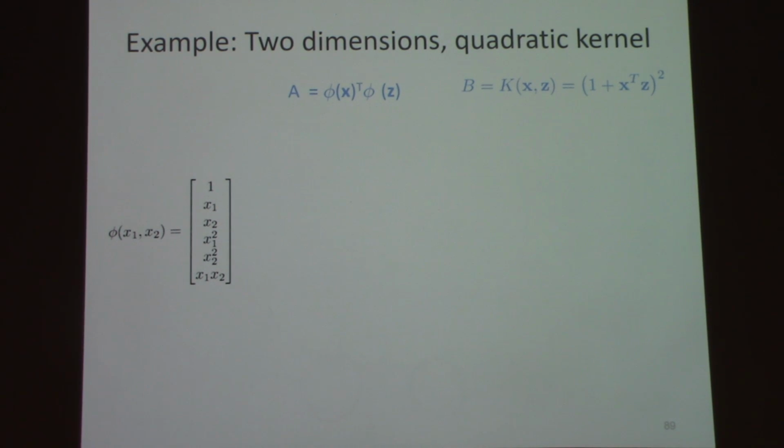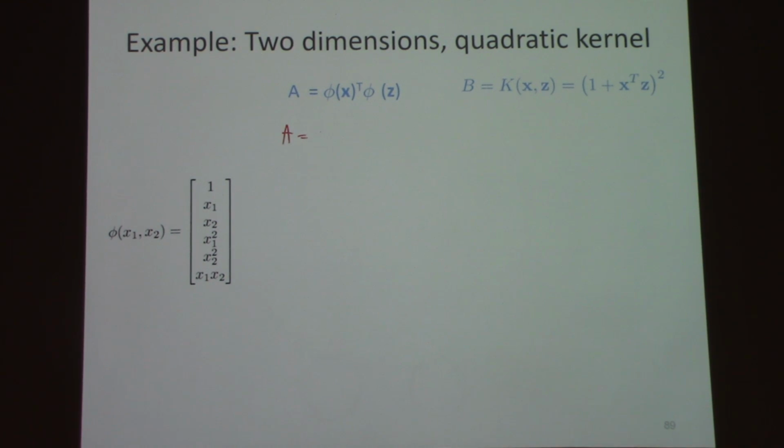Let's say that we have two variables, x1 and x2, and my feature transformation is all linear terms, the degree 0 terms, degree 1 and degree 2 terms. Okay? In fact, let's just have this. Okay, so I have this feature transformation. So let's compute the value of A. So I have x and z.